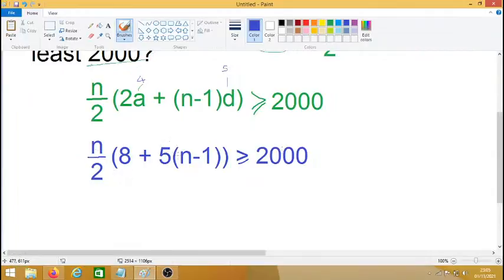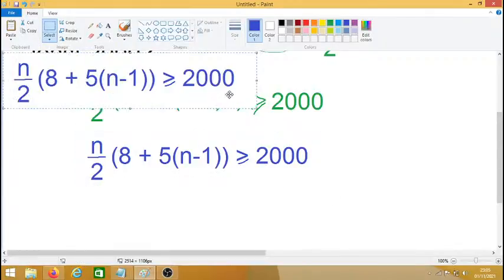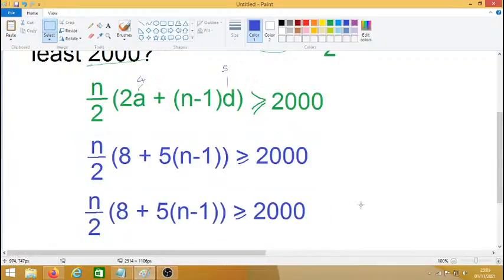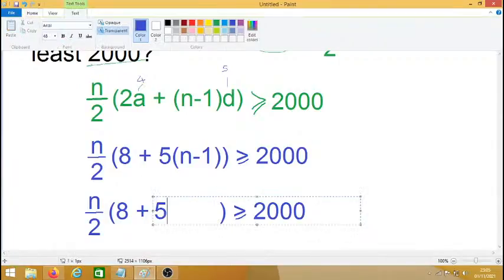I'm just going to expand out the 5 times n minus 1. Leave everything else the same. So just inside here, the 5 times n minus 1, that can become 5n minus 5.